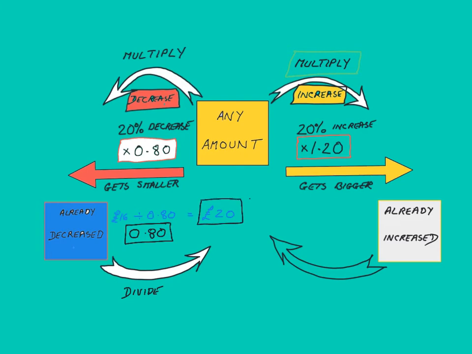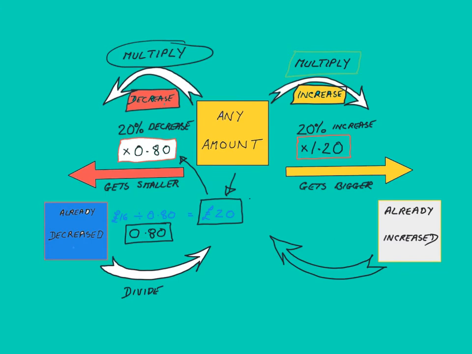Let's just go right round the loop. If we start here and reduce by 20%, we will go left, and that involves multiplying.